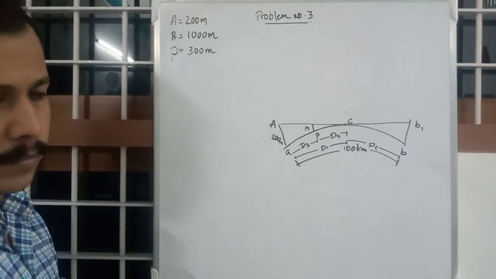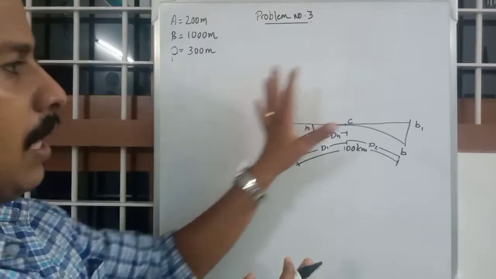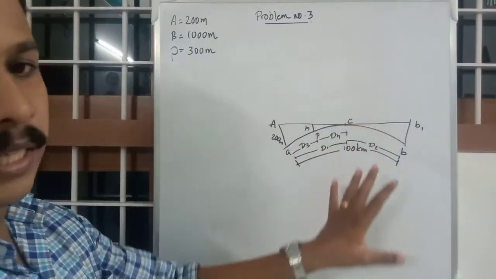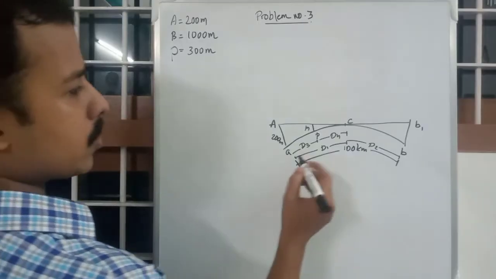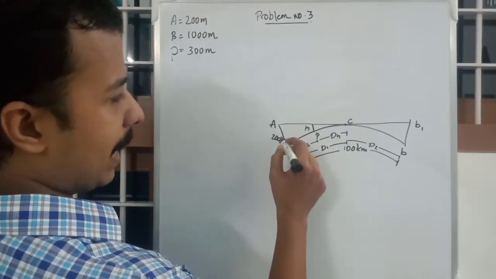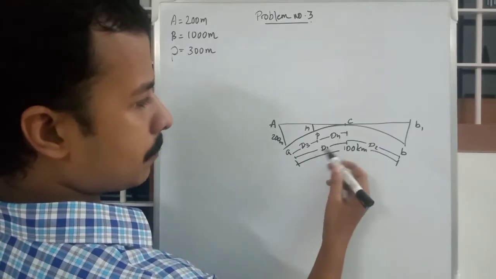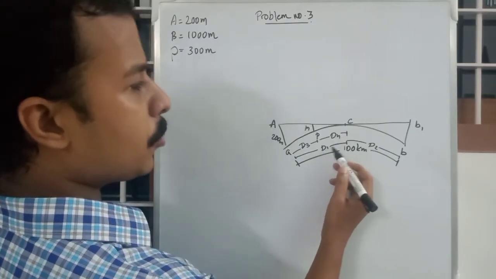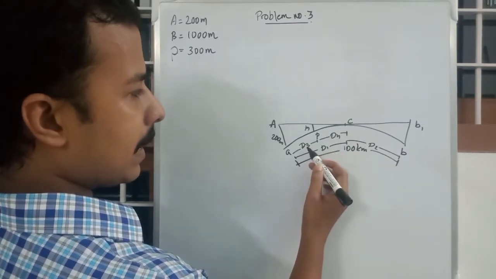Now with this information and all these values, with this sketch you can calculate many values. H1 we have 200. With this H1 we can calculate D1. Using D1 you can calculate D2, D4 and D3.